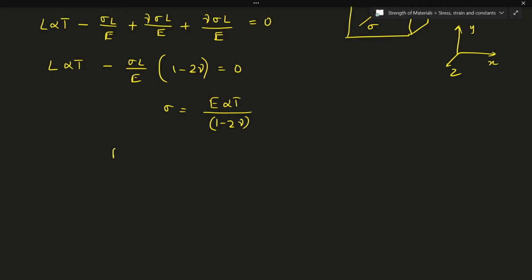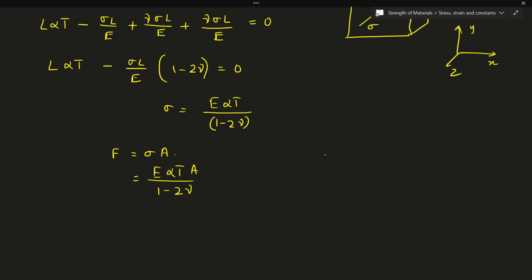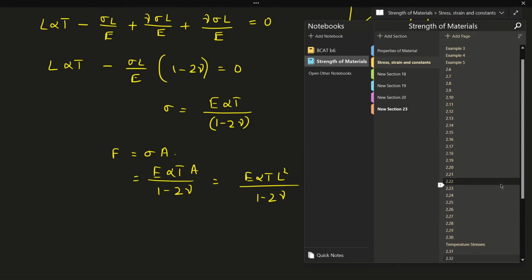The force exerted will be equal to sigma into A, so that is nothing but E alpha T into A divided by 1 minus 2 nu. A for this particular cube is nothing but L into L, so I can write this as E alpha T into L square divided by 1 minus 2 nu. So moving on to the next question.